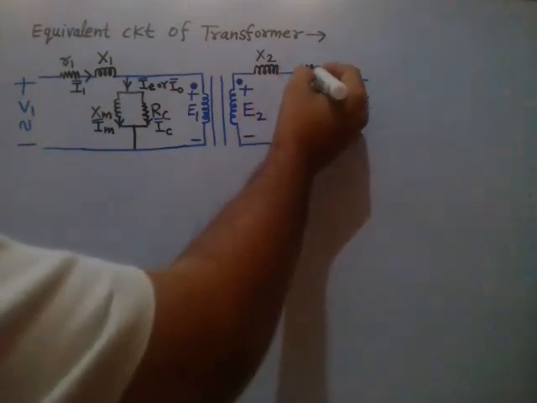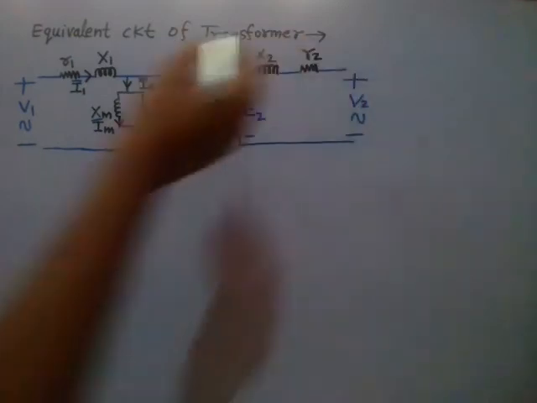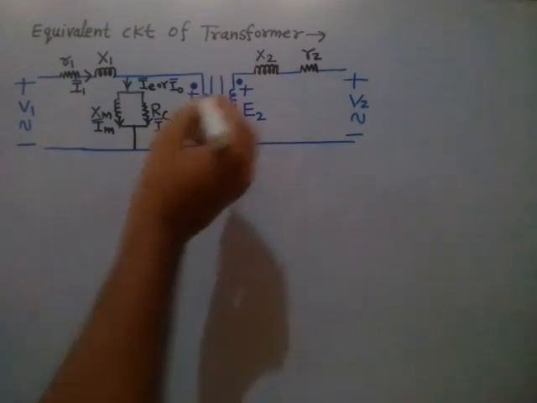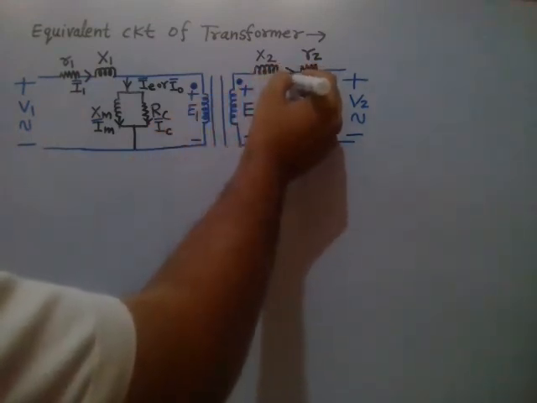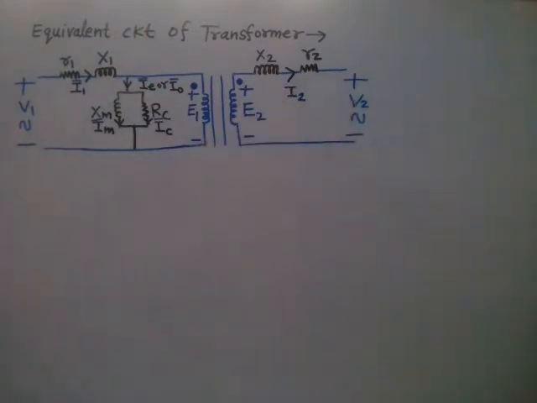It will also have some small resistance, that means R2. The secondary winding current will be I2.